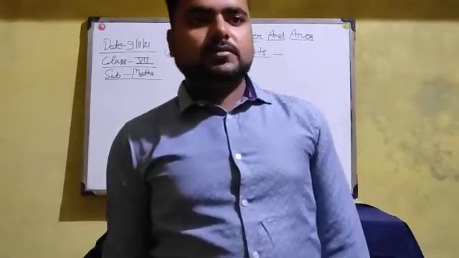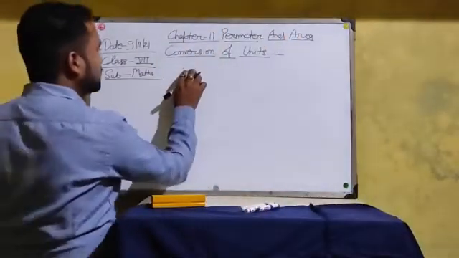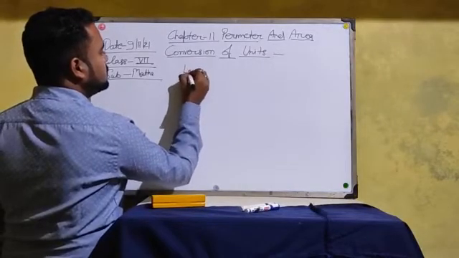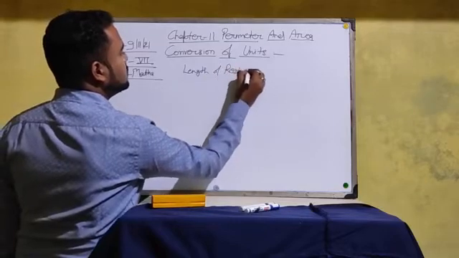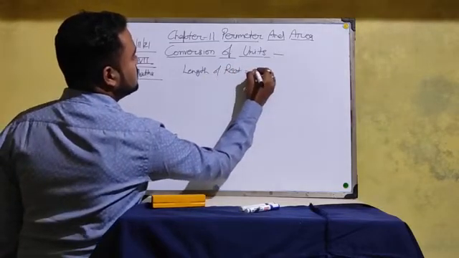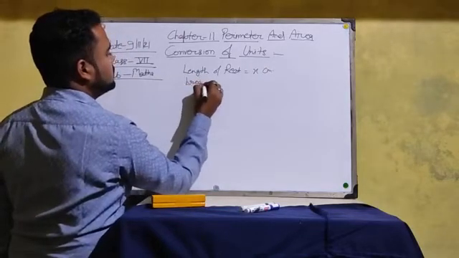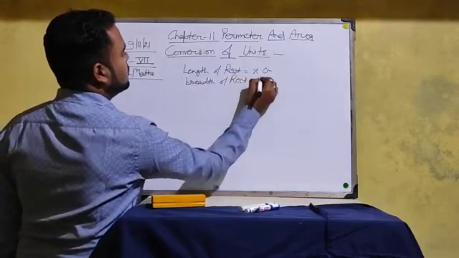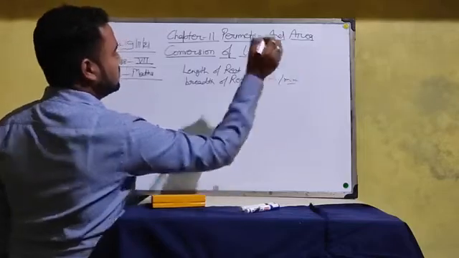Sometimes it is given in the question the data. Suppose the length of a rectangle is given as x centimeter and the breadth of the rectangle can be given as x meter or millimeter or anything else.